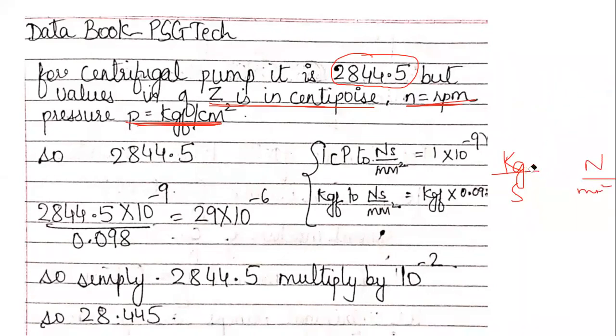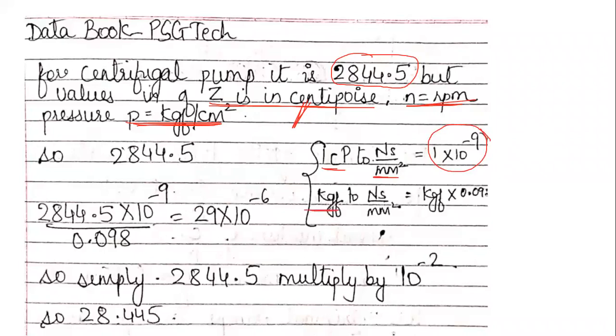So I'll have to do the conversion, right? So since this is in centipoise, for 1 centipoise to Newton second per mm square, you have to multiply it by 10 raised to minus 9.